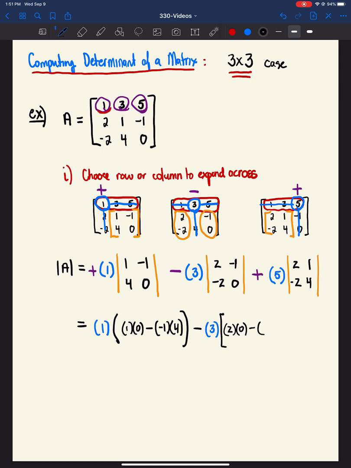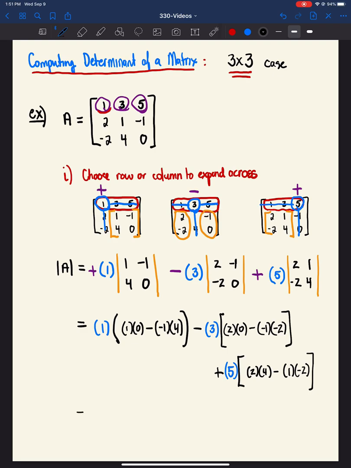We subtract off the product of that reverse diagonal. And then finally we do the last determinant down here. So 5 times the determinant of that 2 by 2, so we have the product of 2 and 4. And we subtract off the reverse product, which in this case is a 1 and minus 2.